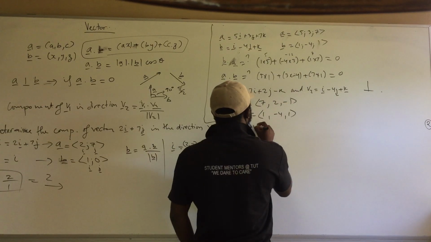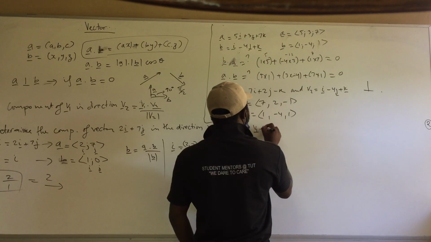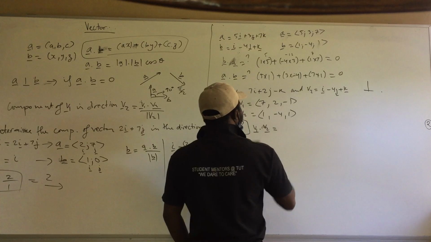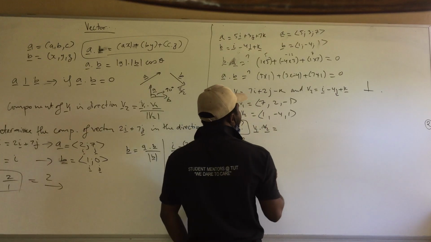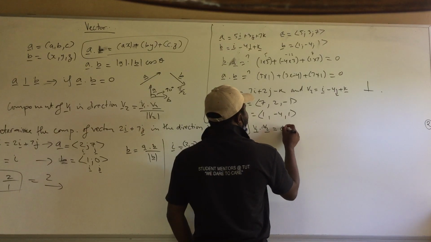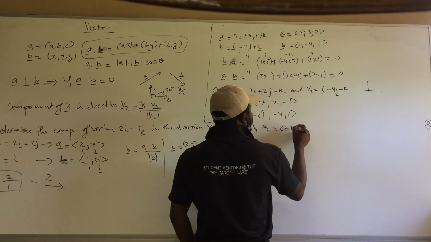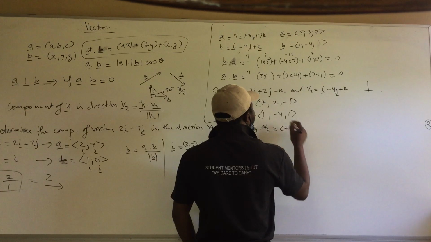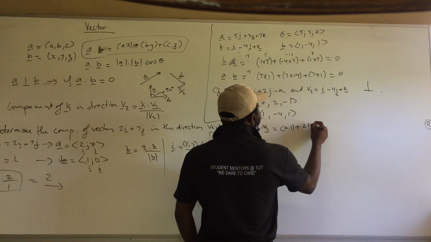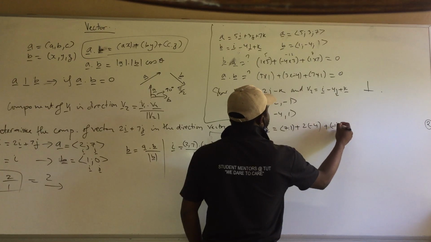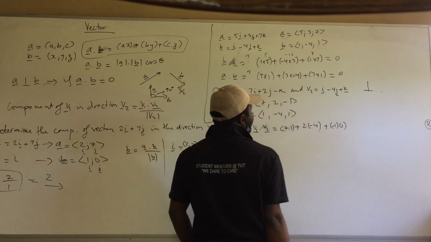Okay? So V1 dot V2 is going to give you what? It's going to give you 7 times 1, which is 7, plus 2 times minus 4, plus minus 1 times 1.